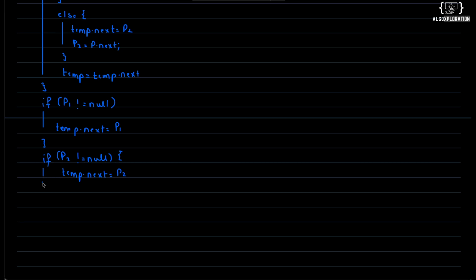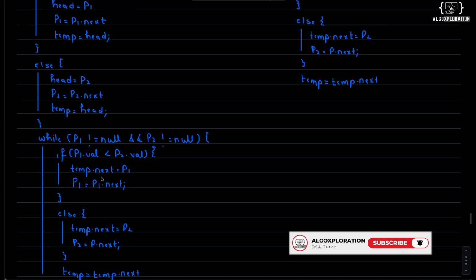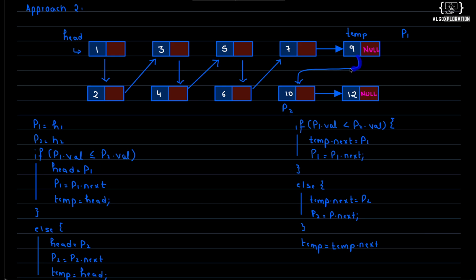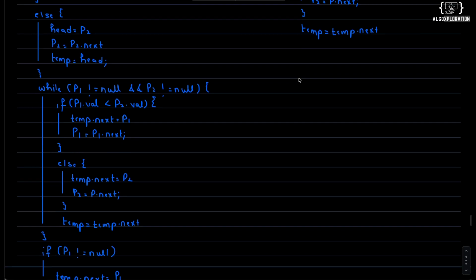So in the above example, we got to know that P2 was not null, right? So what I did is temp dot next equals P2. That's it. And I believe this is it.